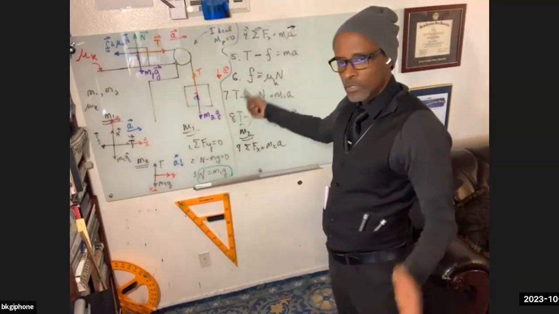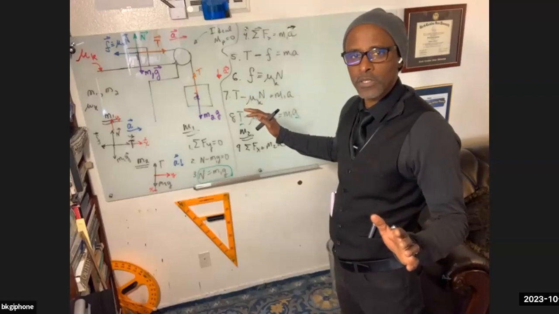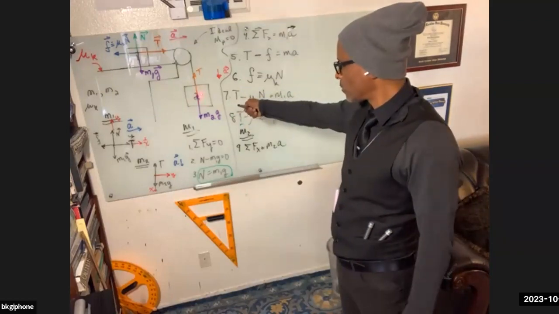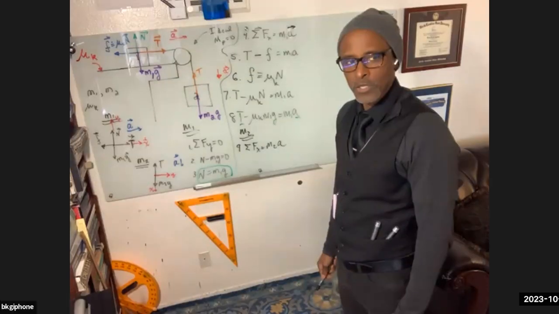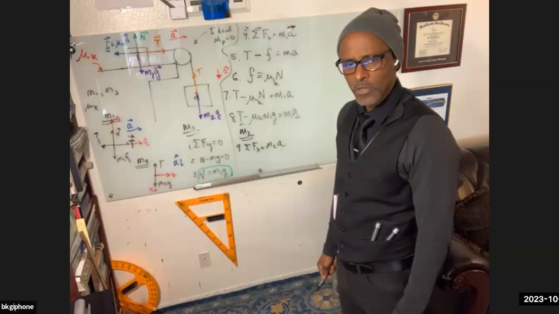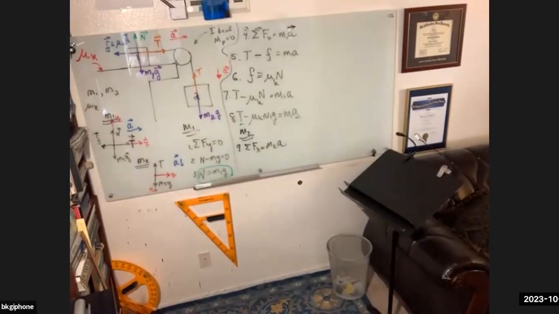There's no angle. What are you talking about? Look at block 2. What forces are on block 2? The M2G, and the tension. Okay. So what cosine are you talking about? I was just looking at the tension. Okay. So again, you look at the tension, where are you getting the cosine of an angle from? What angle are you talking about?